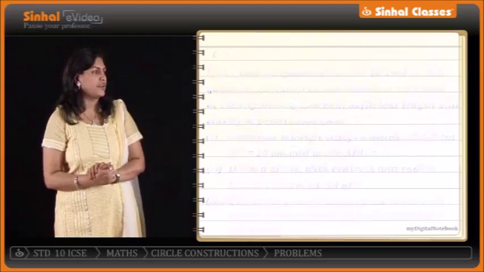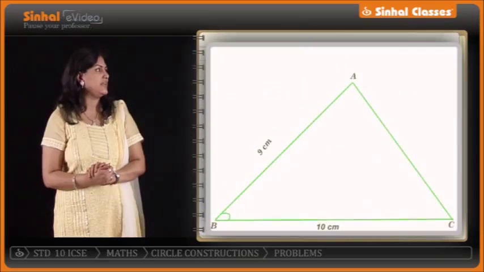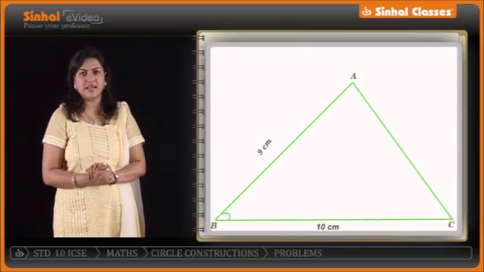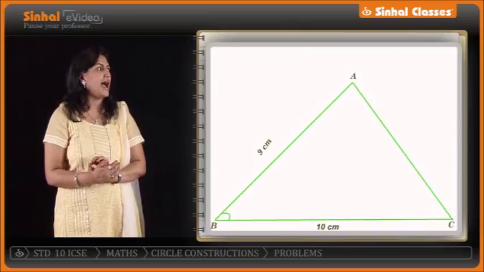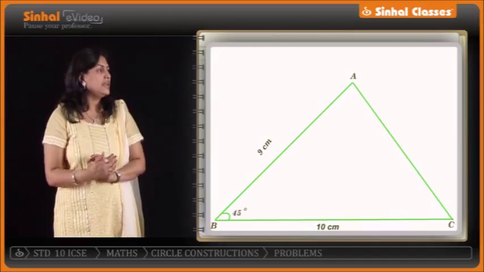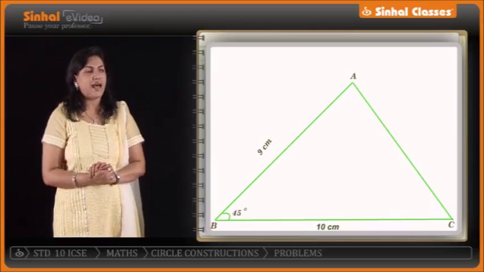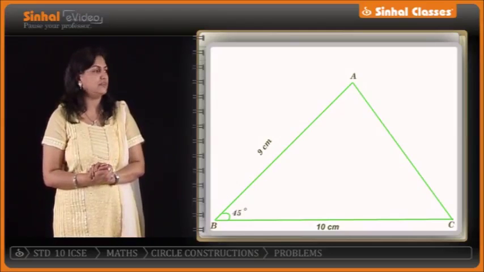Now, let's draw the figure for this. We first draw the triangle ABC with the given measurements, that is AB is 9 cm, BC is 10 cm and angle ABC is 45 degrees. Now take A as the center and radius 2.5 cm.